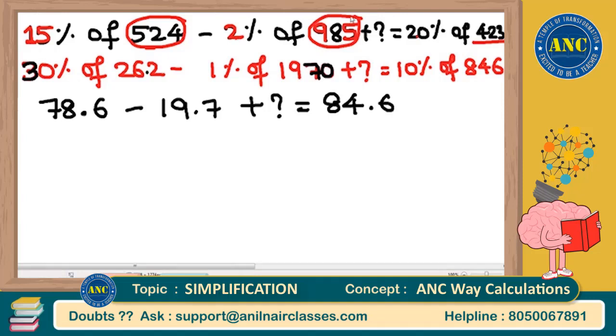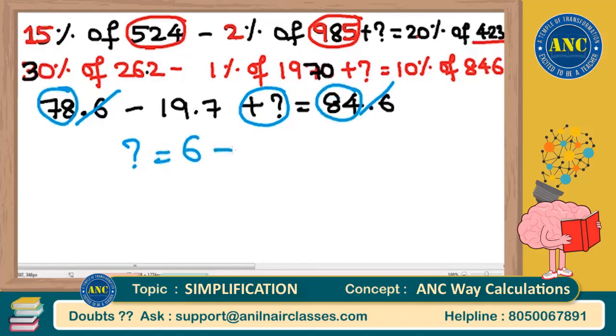Can I say that I directly eliminate the 0.6 on both sides? Left hand side 0.6 will cancel with right hand side 0.6. Now you are left with question mark equal to 84 minus 78, which is 6, plus 19.7.